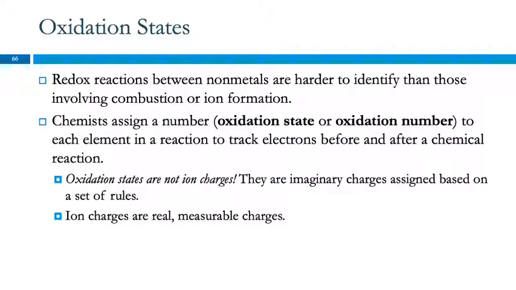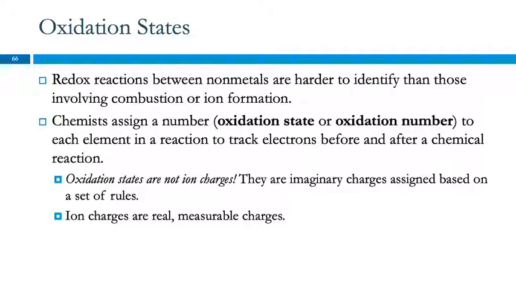And so we made up something called oxidation states, also called oxidation numbers, to help us figure out: are electrons being shifted, and if so, in what direction? So oxidation states are not ionic charges, they're imaginary charges, okay?